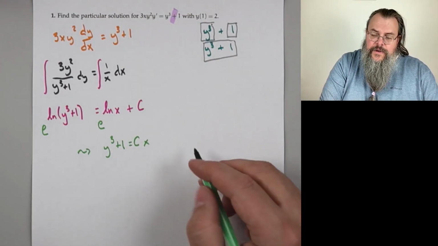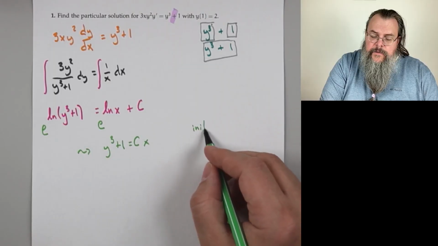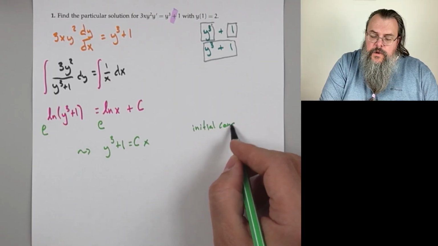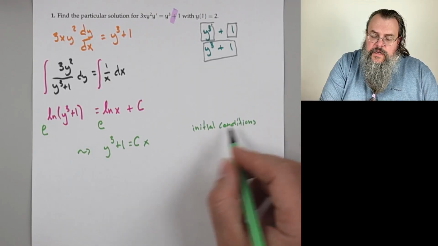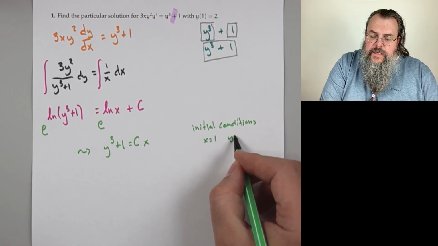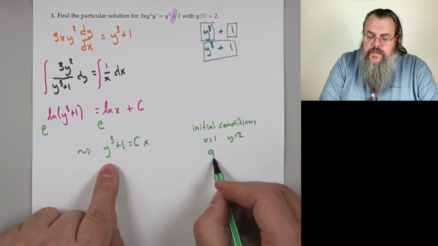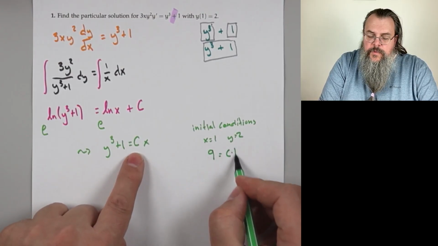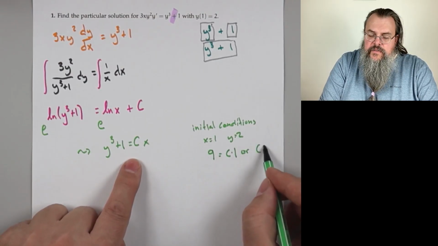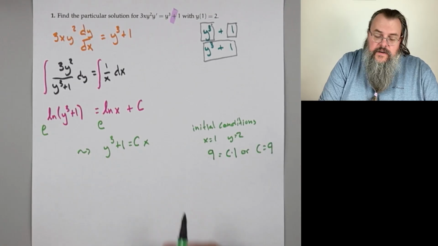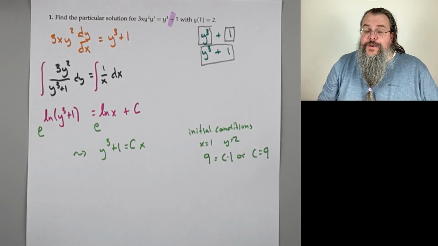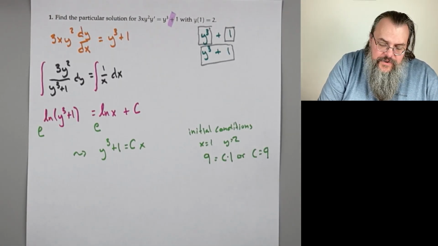We bring in our initial conditions, and we say, well, what do we know? We know that when x equals 1, y equals 2. So we get 2 cubed plus 1, which is 9, is equal to c times 1, or we can just say c equals 9.